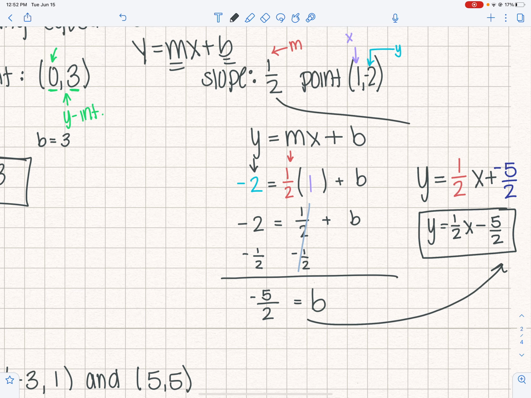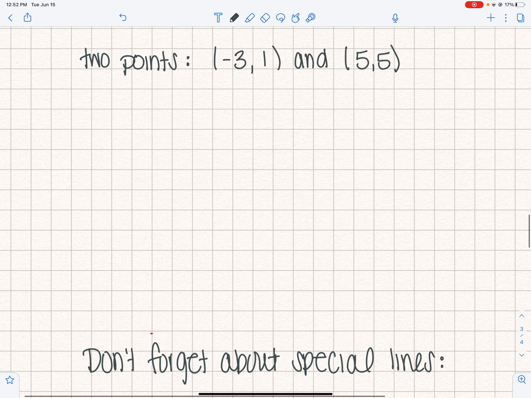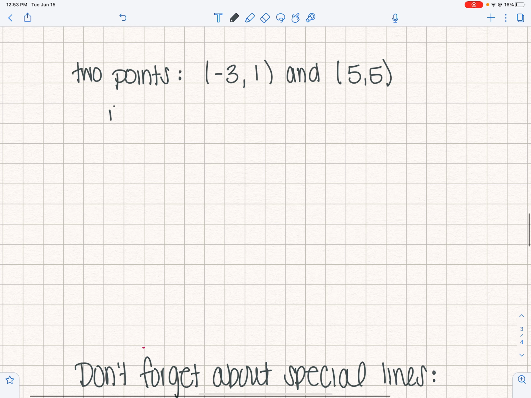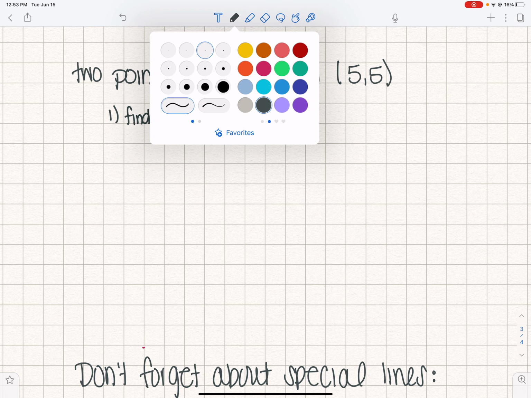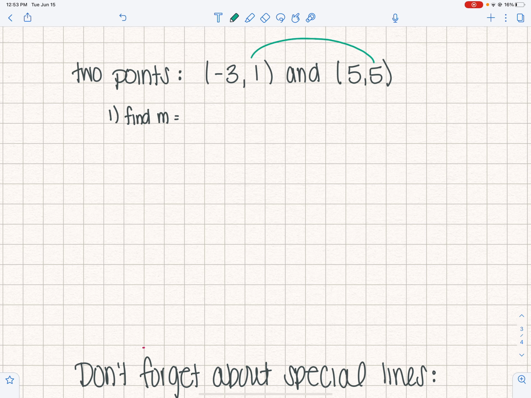That's going to be my final equation where I filled in b and m. All right, the last scenario would be, what if they gave you 2 points? I still have to find m and b, but now I have to do a little bit more work. So I'm going to find m. I'm going to find m with the slope formula, which said subtract the y's from back to front.